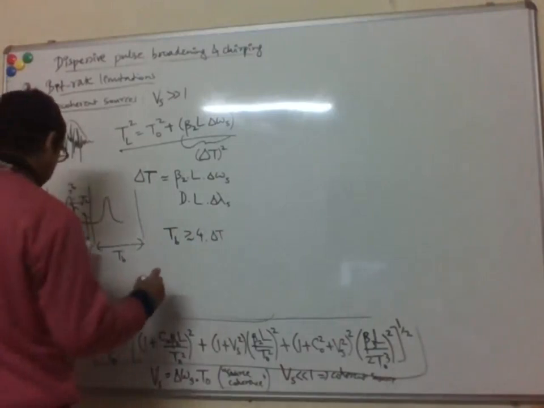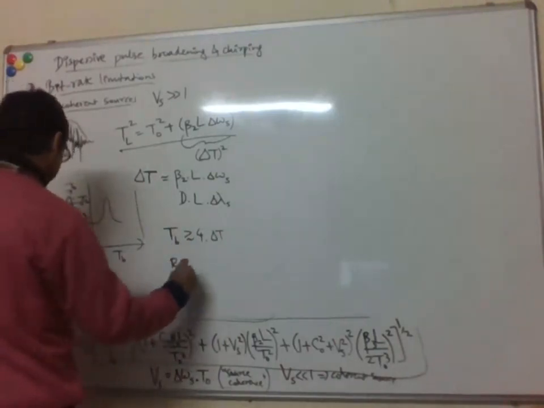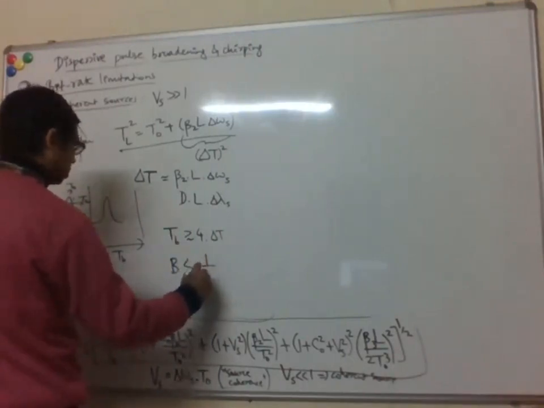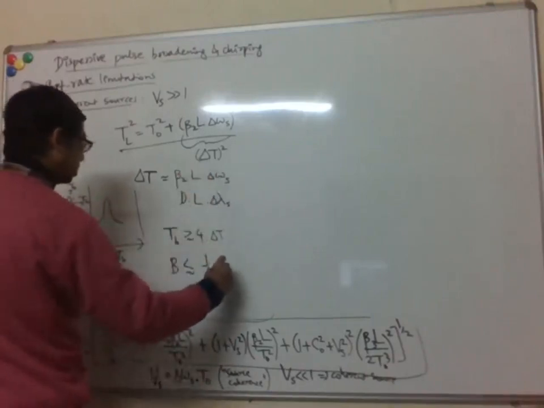So you can see that the bit rate 1 over T_B is limited to 1 by 4 times the broadening.